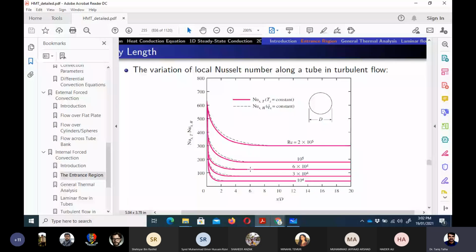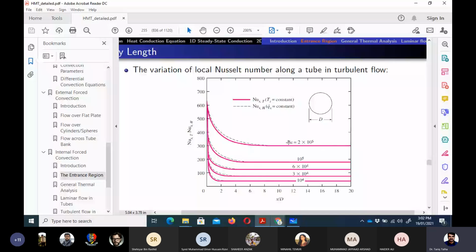But if you look at the top curve here, which is the 2 lakh curve, the Reynolds number is 2 lakh. In this case you can easily see that for the turbulent flow, x upon d is around 10, after which it becomes kind of a straight line.